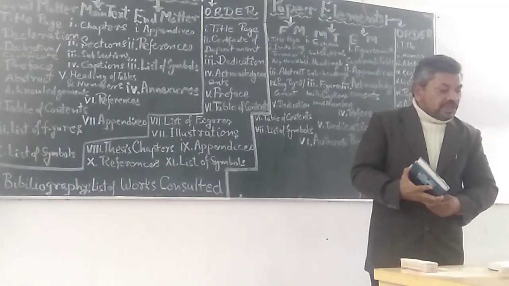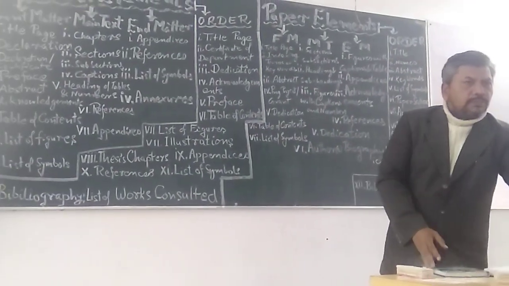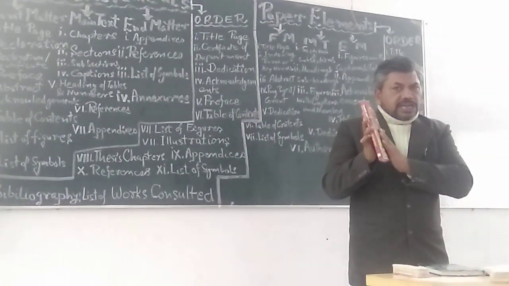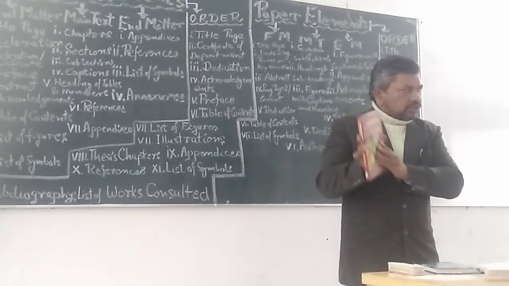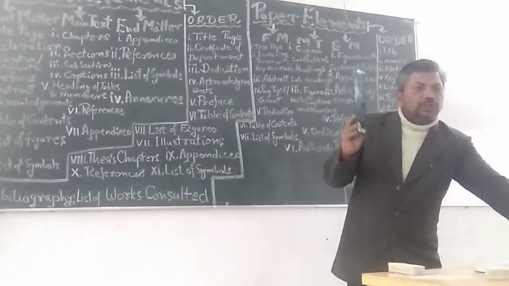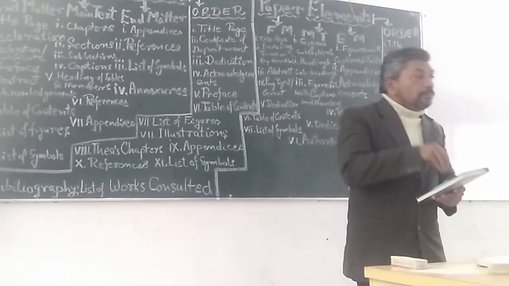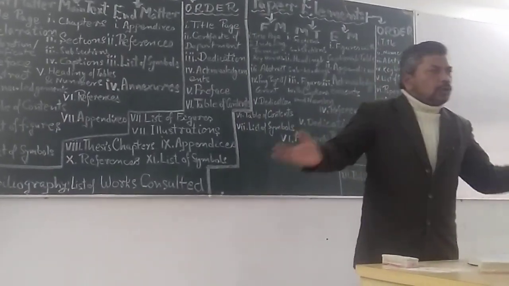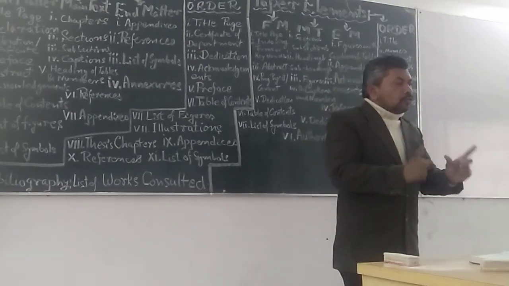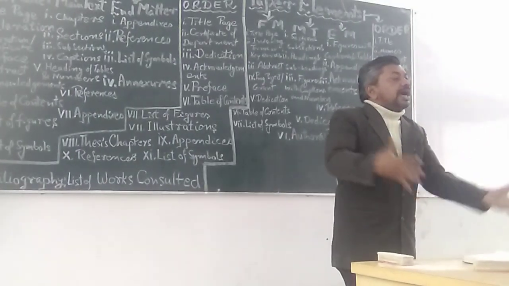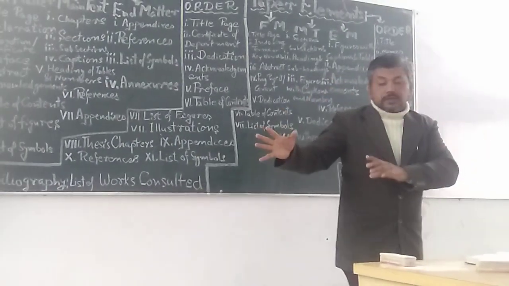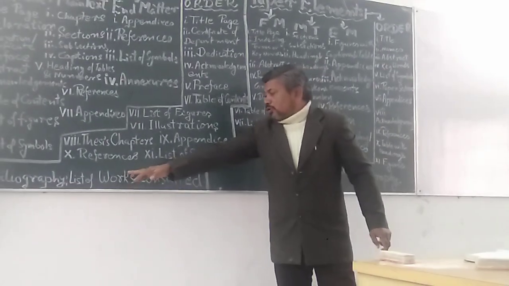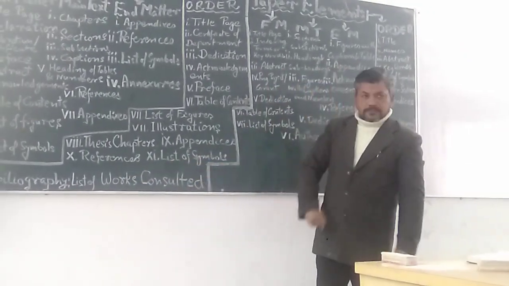But in the bibliography, if I have gone through a book and studied it in the process of my research but have not directly used it in my research work, that is part of the bibliography: list of works, books consulted but not directly cited. That is the exact meaning of bibliography.